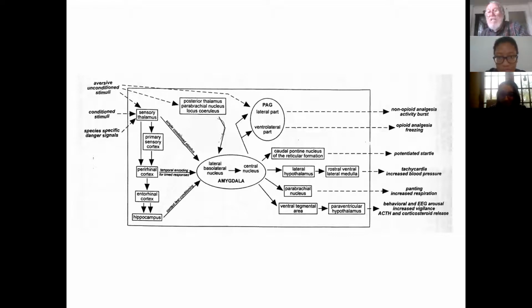Some of this is being done before some of the information has even gotten up to what we call the prefrontal cortex and the decision-making area. So there's an enormous amount of importance as to how this area of the brain works. And when we start to think about dysfunction like PTSD or various types of impulsive behaviors that can be attributed to the amygdala, we can see that importance.